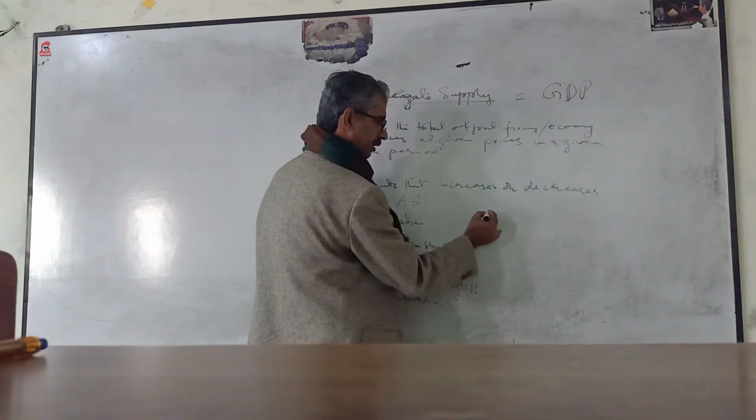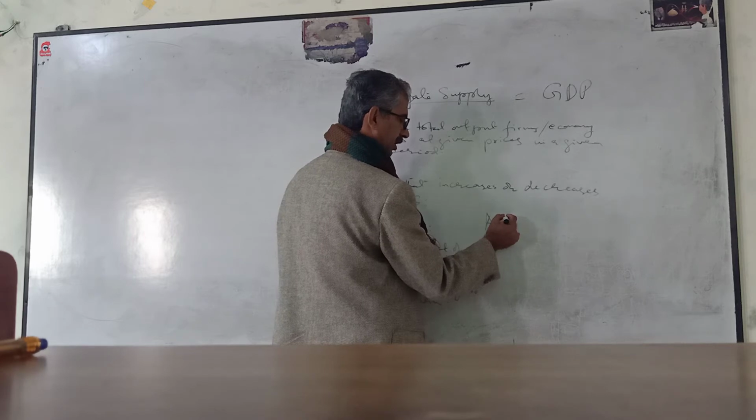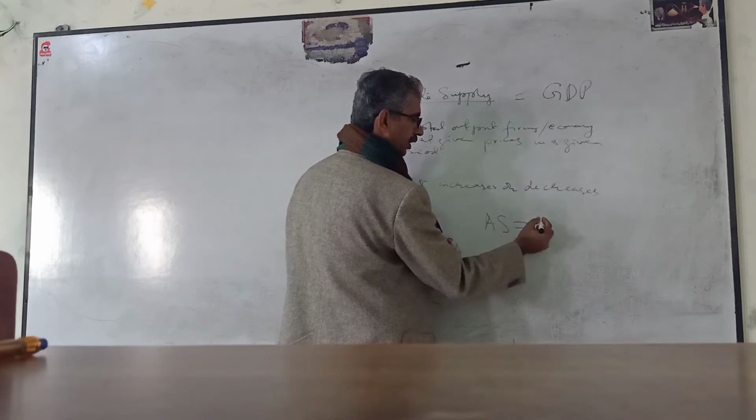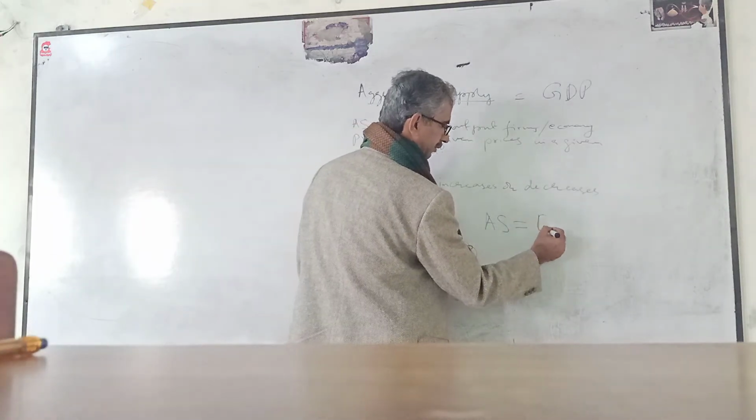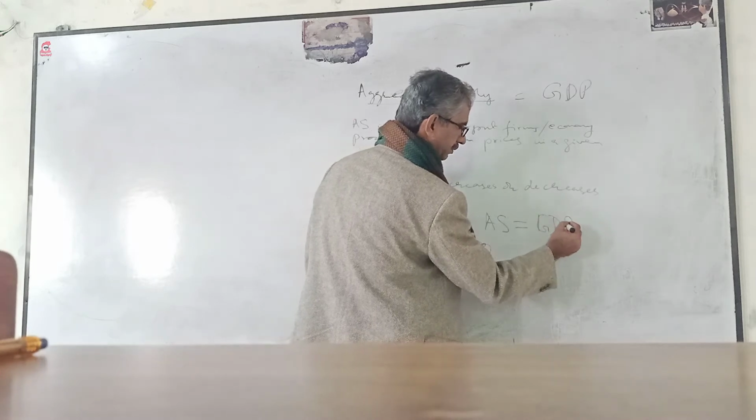So in simple terms, we say that aggregate supply equals the GDP, gross domestic product.